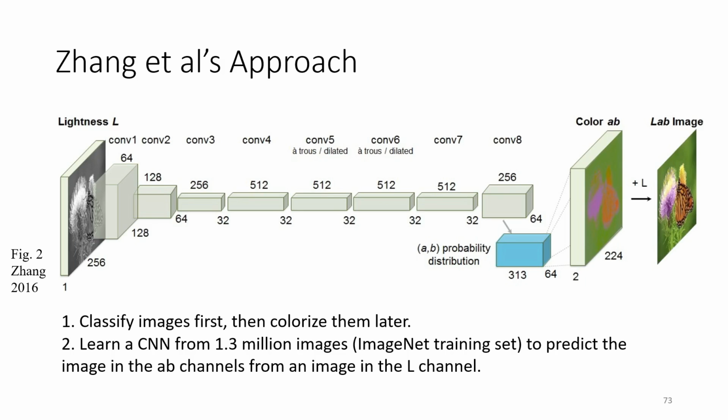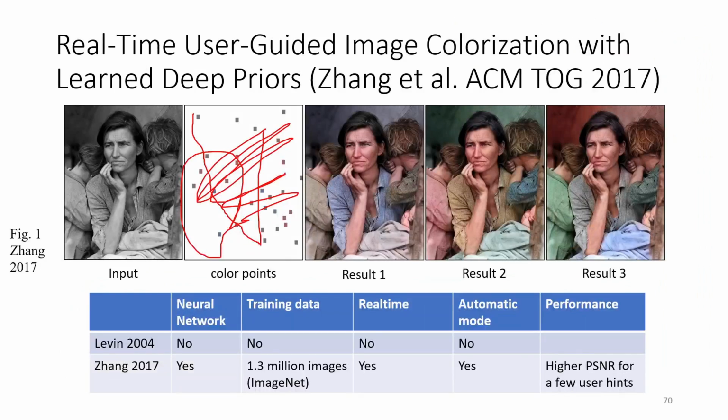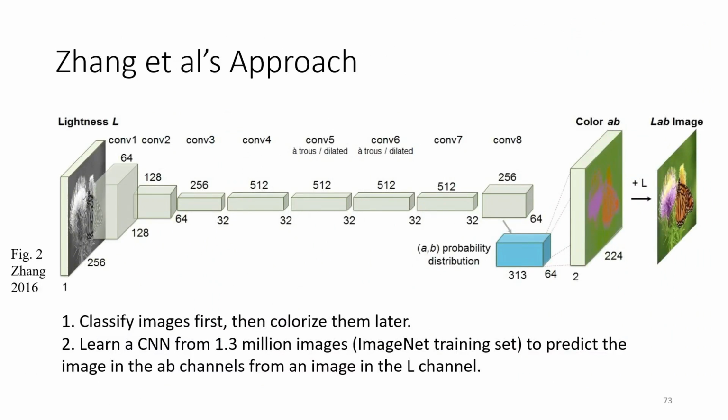So they can easily compare whether the generated AB channel values are similar to the ground truth AB channels. There are totally 1.3 million images, a lot of images. Then the neural network learns.